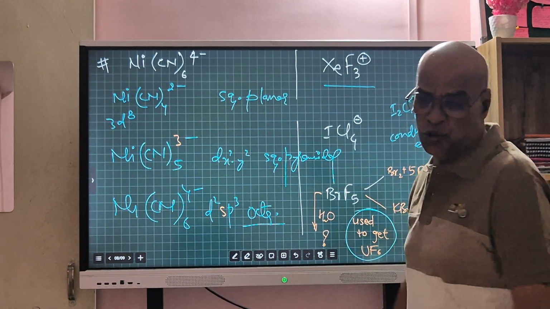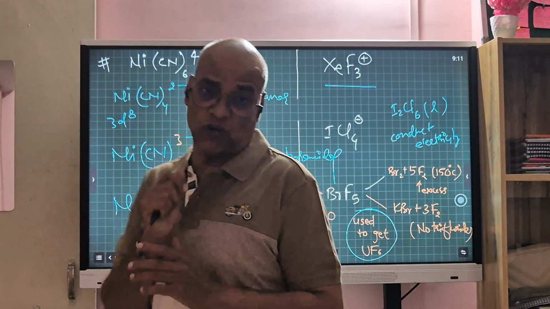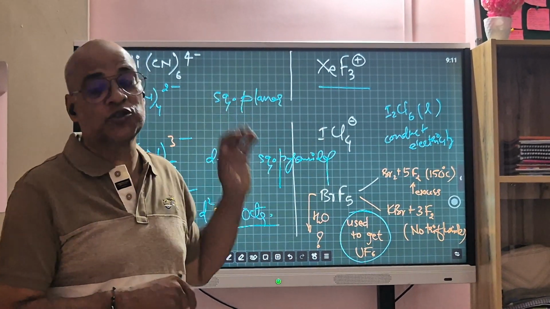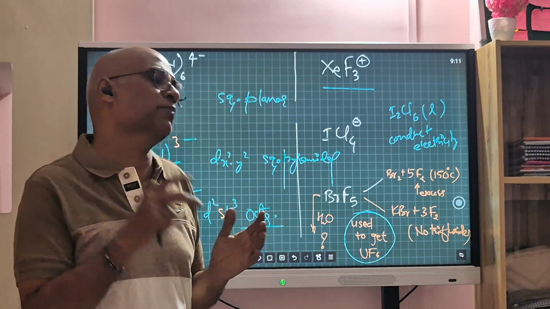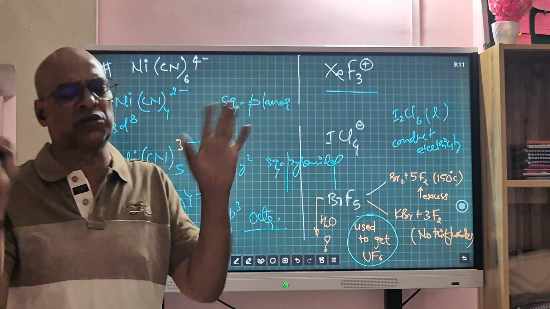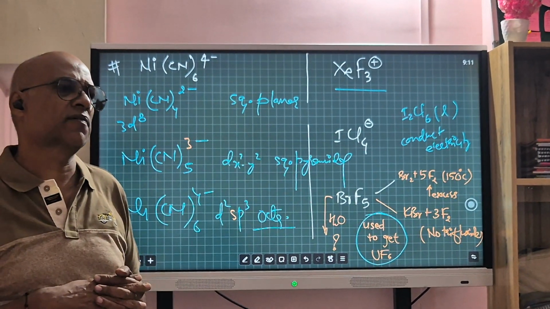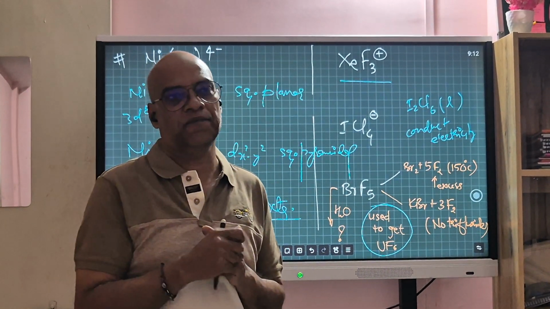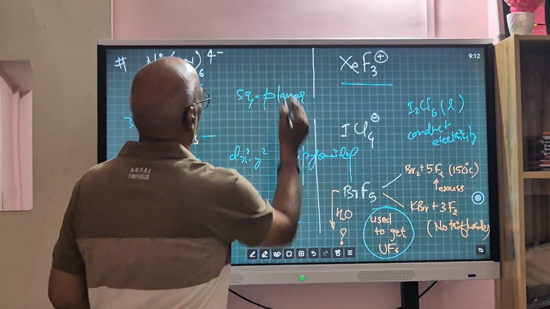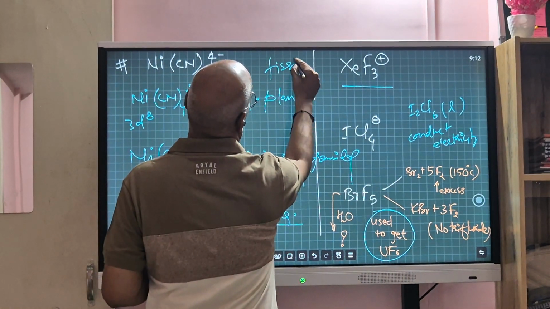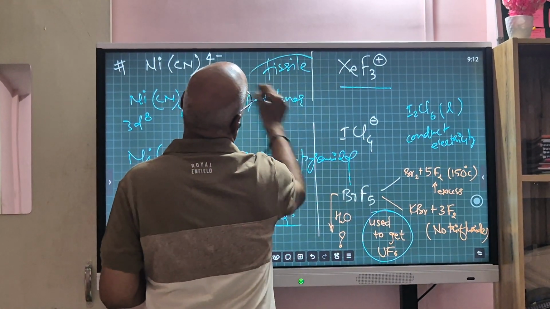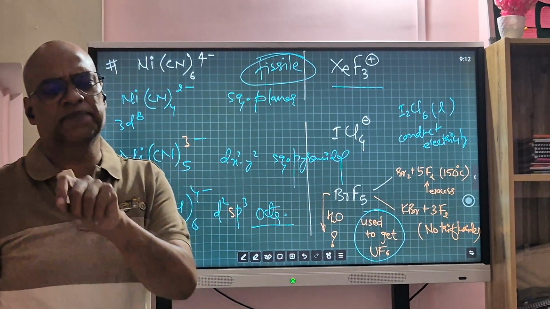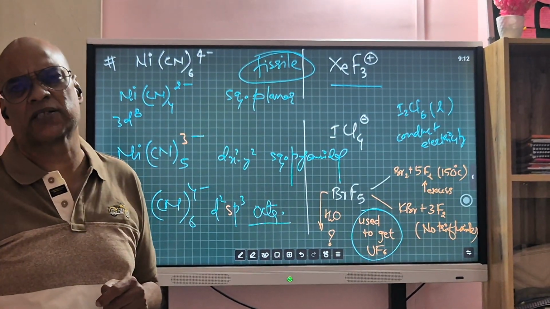It is also used to get what? UF6, uranium hexafluoride. Why get this compound? It is an isotopic enrichment method. In nature, uranium-238 is almost 99%, and uranium-235, which is fissile, is very little, hardly 1% or less.